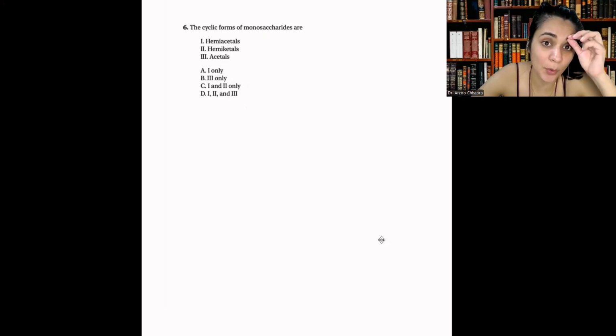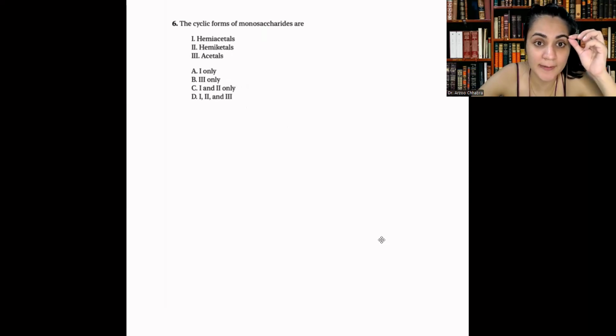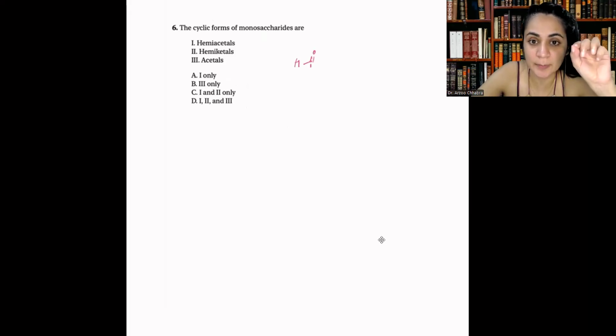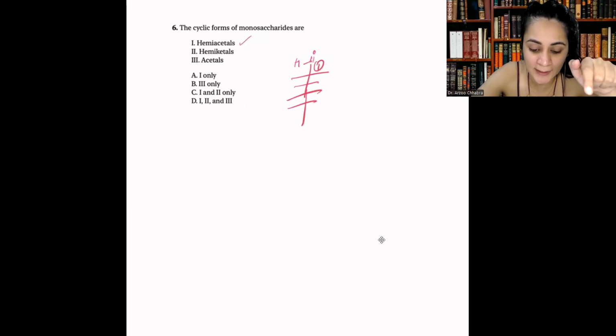The cyclic forms of monosaccharides are hemiacetal, hemiketal, and acetal. When the C double bond O, or the aldehyde, is present at the first carbon of that long chain or the Fischer projection of the monosaccharide, we form a hemiacetal.